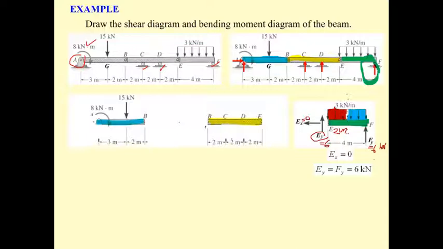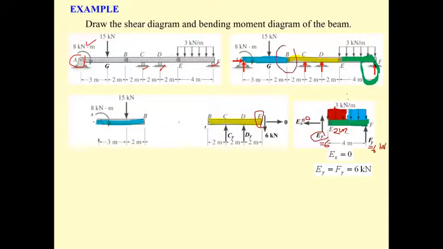And then E sub y and E sub x act at point E of this portion of the beam, and this portion has C sub x and C sub y, 2 unknowns.